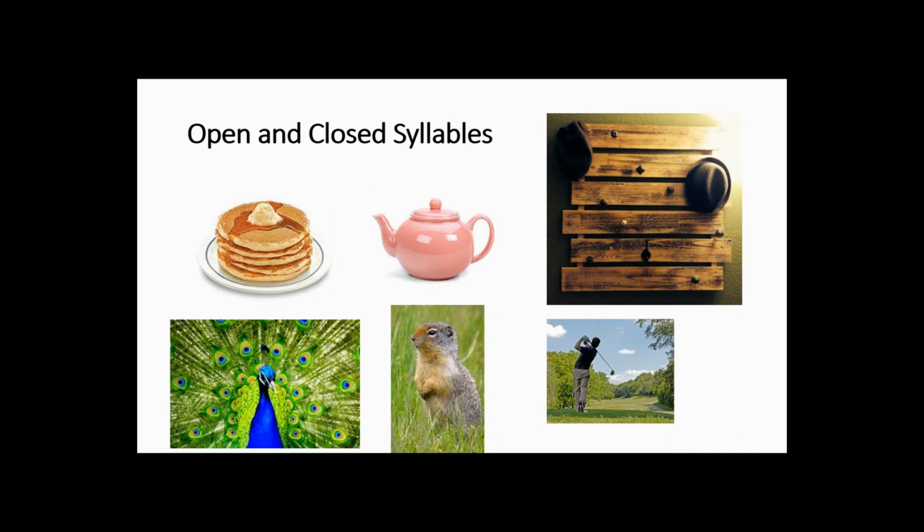So one is this idea of open and closed syllable. When you say the word pancake, there are 2 syllables in that word. We can clap it. And an open syllable is a syllable in which the vowel is not being stopped. It just keeps making sound.